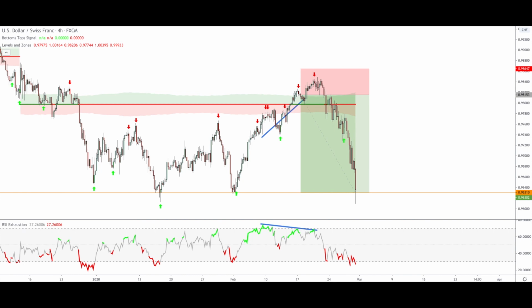So I typically like to follow the price, but I give it enough room to move around so that, let's say 9 times out of 10, it doesn't trigger the break-even point before reaching the target.